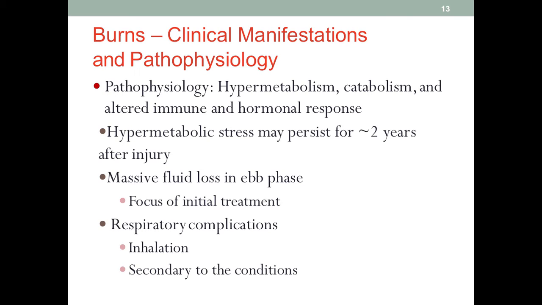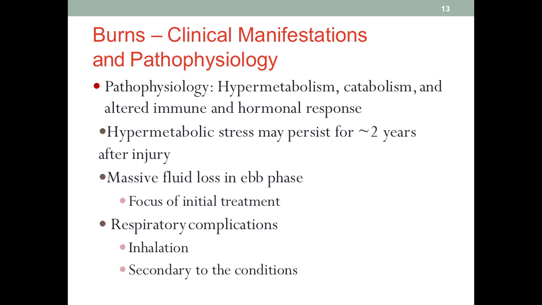The condition caused by burns is characterized by hypermetabolism, catabolism, as well as altered immune and hormonal response. So this is very typical for what we see in stress and metabolism. And what we have covered in metabolic stress really applies here significantly, everything that we've talked about.